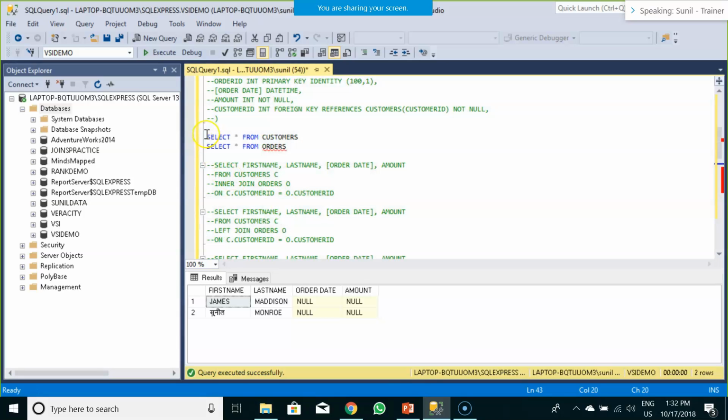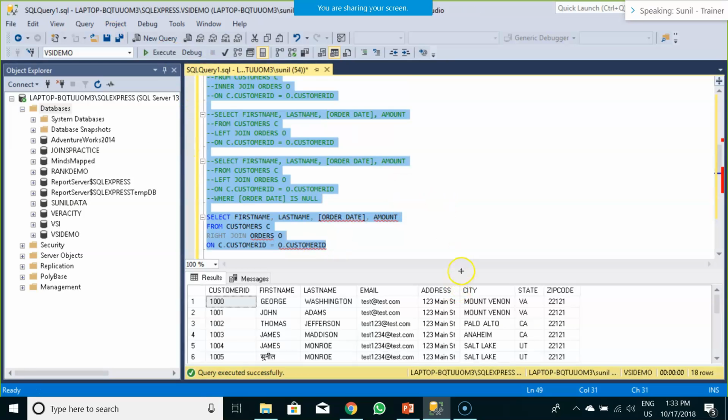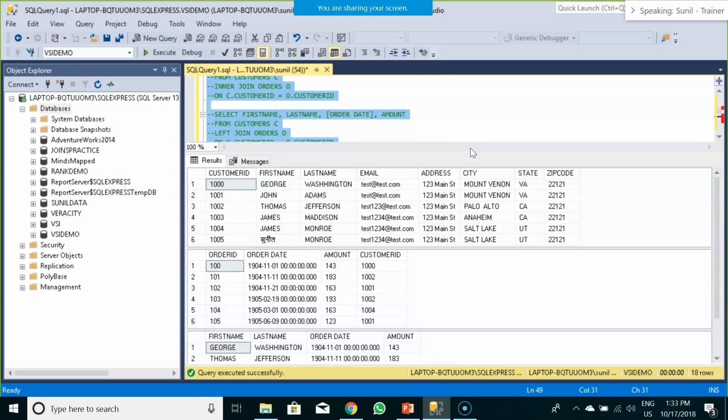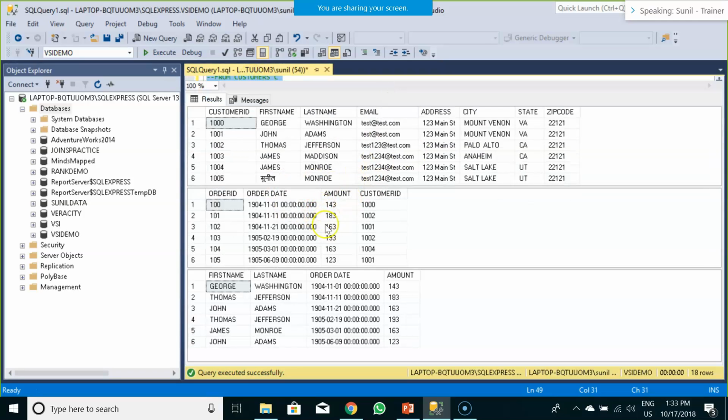So I'm bringing both the tables together, and on those two tables I am firing the right outer join. Now these are my two tables, customer table and my order table, and then I am having a right outer join.